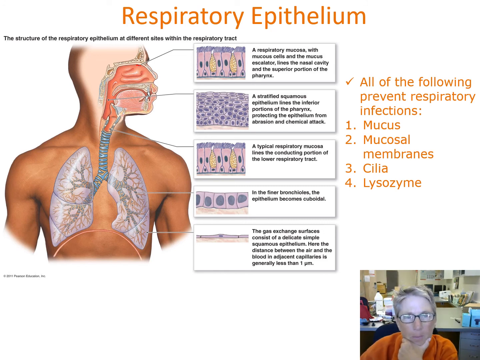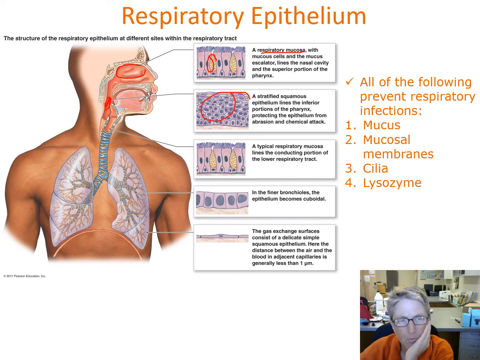So up top here in the nasal cavity, you have a respiratory mucosa. That means it's got these goblet cells that secrete mucus. And then here in the pharynx, the oropharynx, or your throat, you have a stratified squamous epithelium.